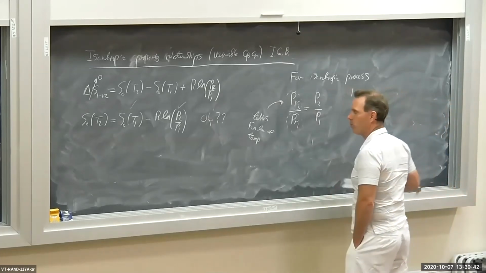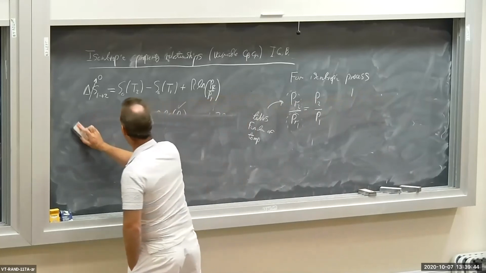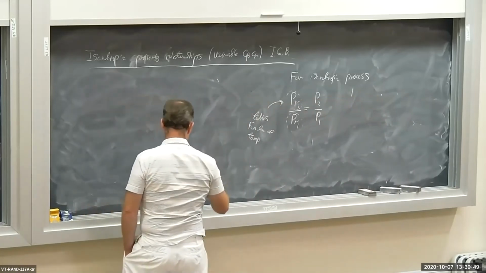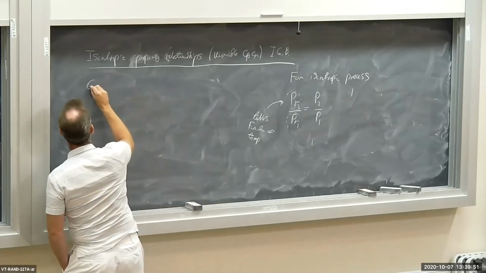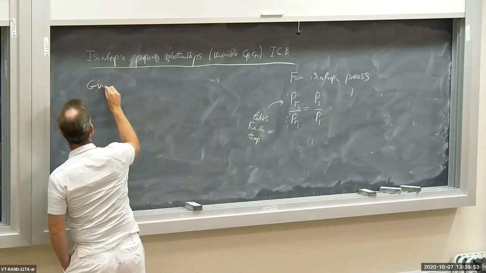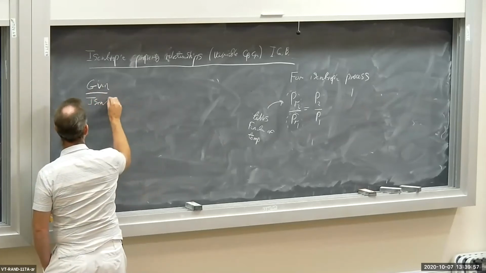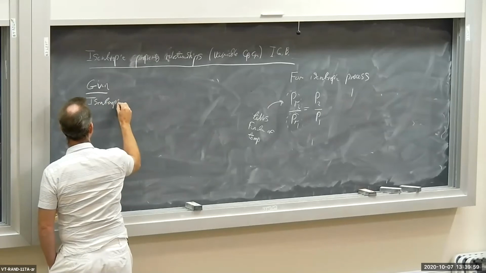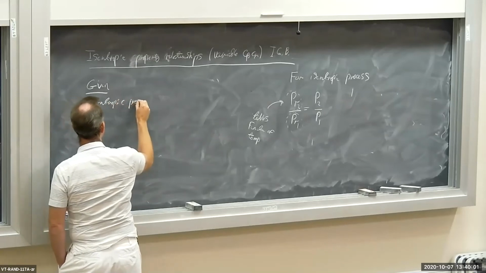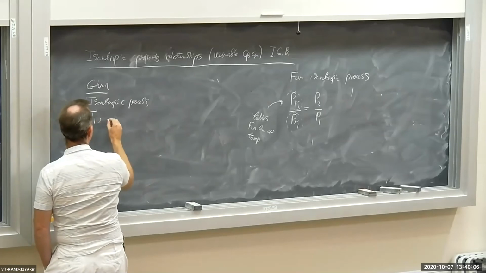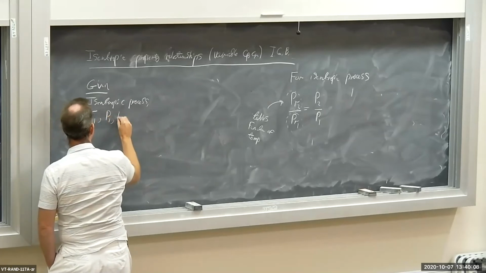So for example, let's see how this would work. How would we use this expression? Let's say you're given that it's an isentropic process. You're given T1, you're given P1, and you're given P2.